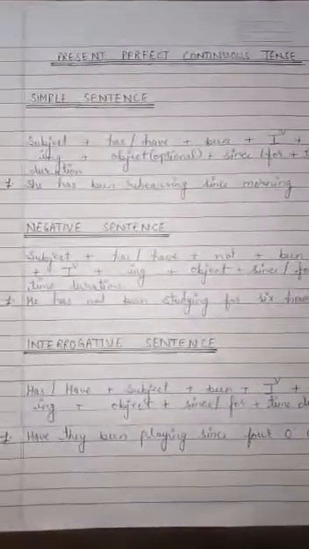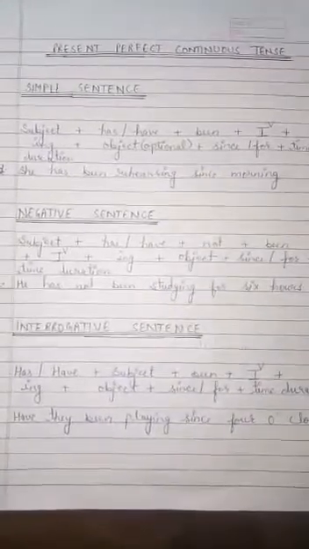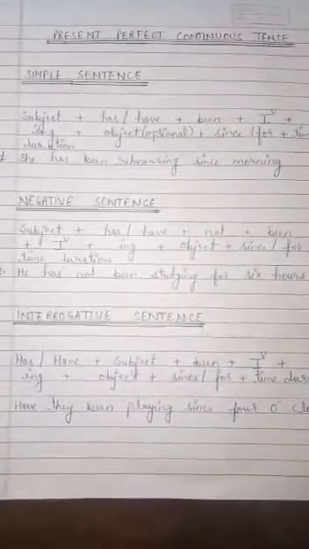Fourth part is present perfect continuous tense. Present perfect continuous tense shows that something started in the past and is continuing at the present time. For making the simple sentences, we use subject, then has or have plus been, then first form of the verb along with ing and object that is optional, and since or for, then time duration.